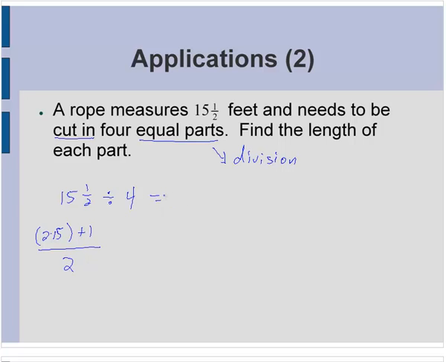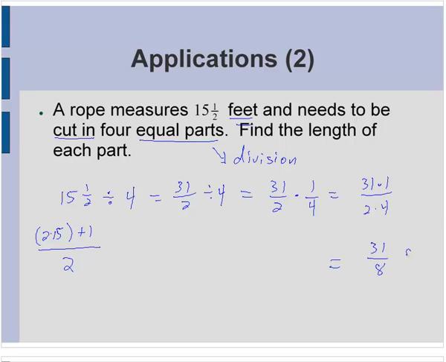So that's the same as 31 over 2 divided by 4, which is 31 over 2 times 1/4. Remember, division is multiplication by the reciprocal. Multiplying fractions, we have 31 times 1 over 2 times 4, which is 31 over 8, and units, 31 over 8 feet.